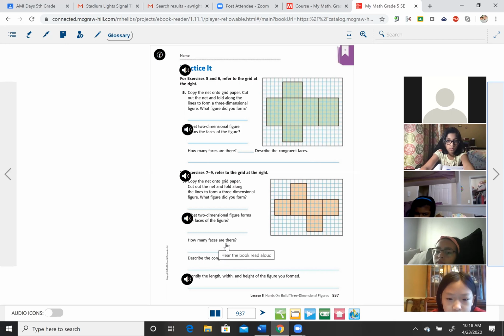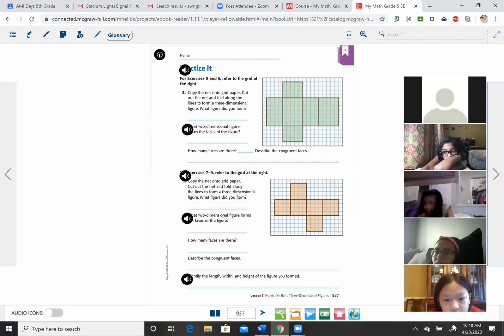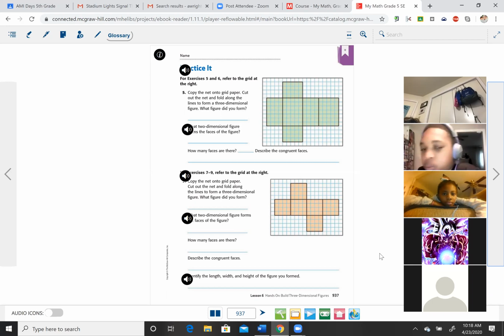He says, describe the congruent faces. So what does congruent mean first? That's the first thing we have to answer. I'm going to unmute Ishan. Ishan, you're unmuted. So what does congruent mean? It has equal sides. So it means it's the same, right? Are each one of these all congruent?